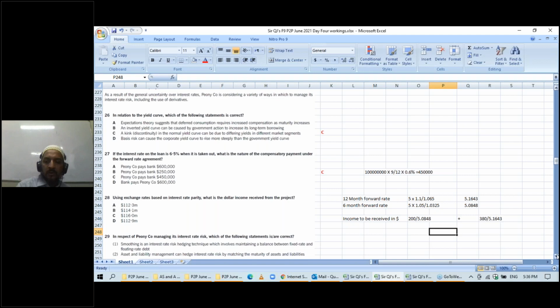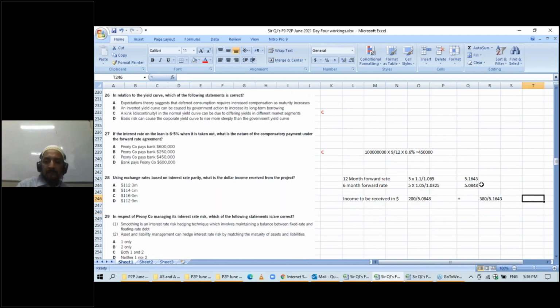So this is how it works. So this makes the total amount to be 112.9 million. The correct answer to this is D. D is the correct answer. So first, using the interest rate parity theorem, I calculated the forward rate, and then I hedged it, converted into the local currency.